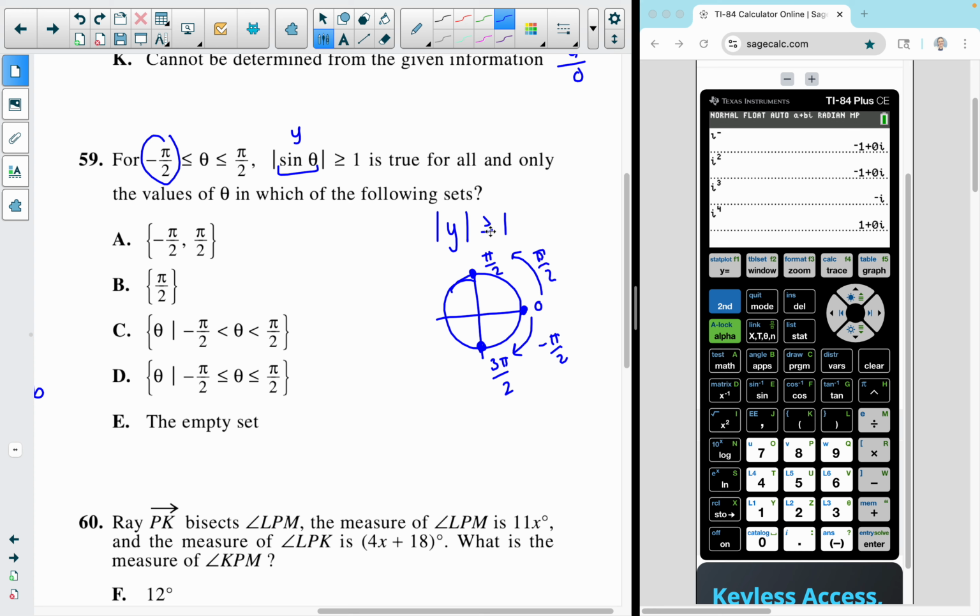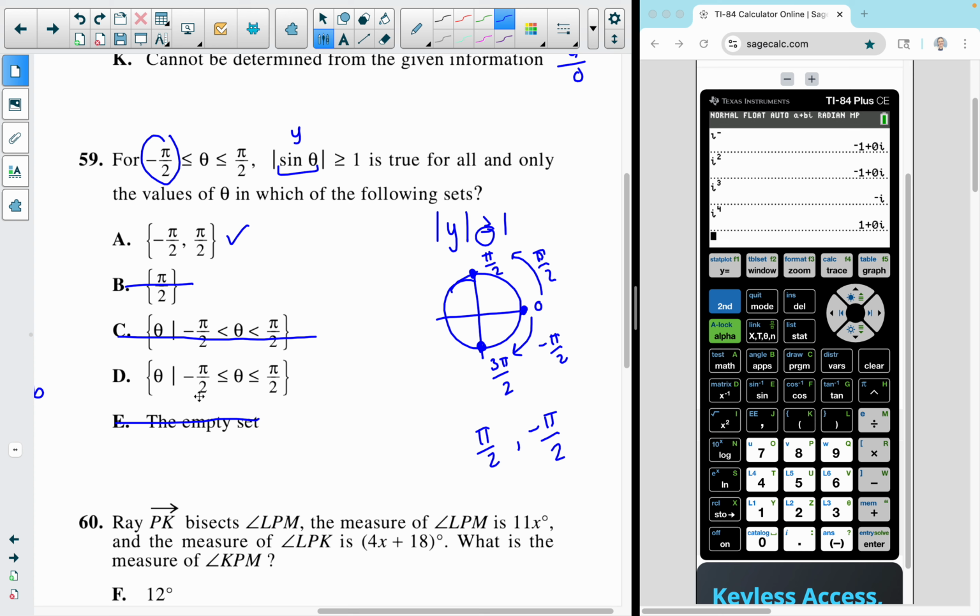So greater than or equal to 1 is what we care about. So the pi over 2 works, and the negative pi over 2 also works. So this one works. This does not have the negative. This has everything between them, but not including, so that one's definitely gone. We know it's not the empty set because we know which ones actually do work.